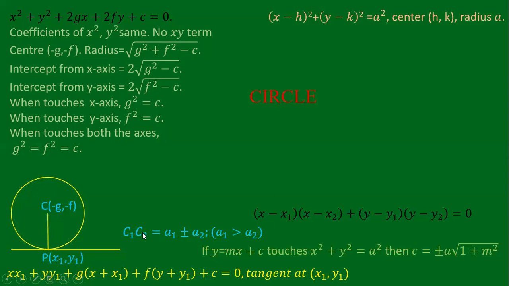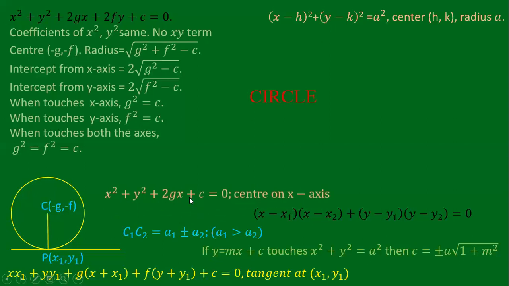If they touch each other externally, then the distance between the centers is equal to sum of the radii. If the circles touch each other internally, then the distance between the centers is equal to difference of the radii.